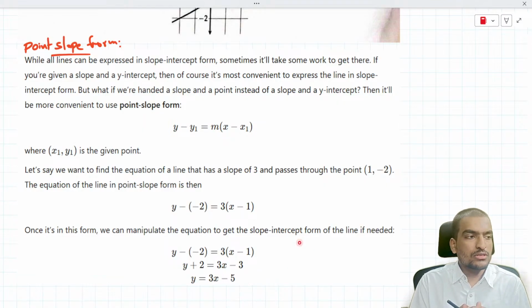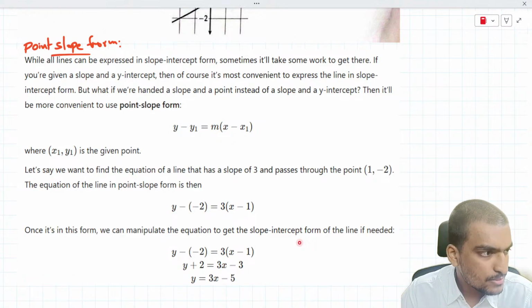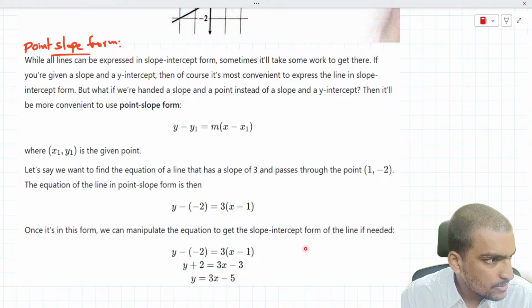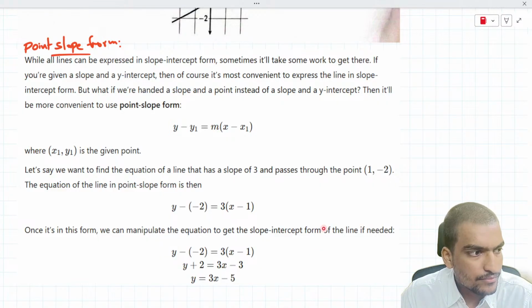Are you okay with this point slope form? Just say fine if it is fine. Use the word fine, F-I-N-E.